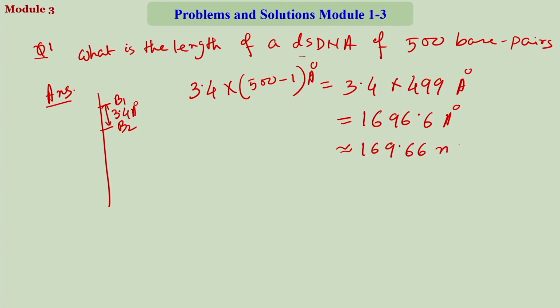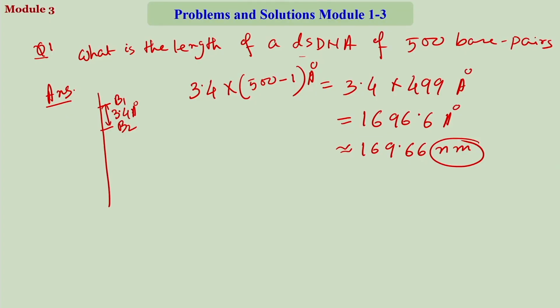which is almost close to 169.66 nanometer if you want to convert it to a different unit. We can convert it to any other unit also, micrometer, like that. So that is how you can calculate the length of a DNA. Of course, the length of a single stranded DNA having 500 bases will be the same.